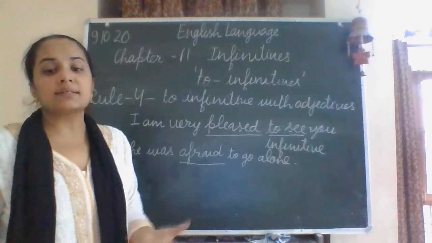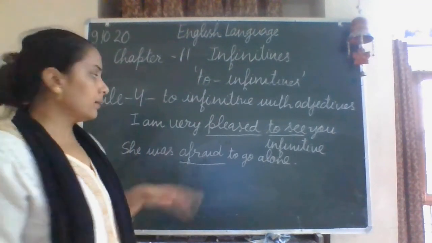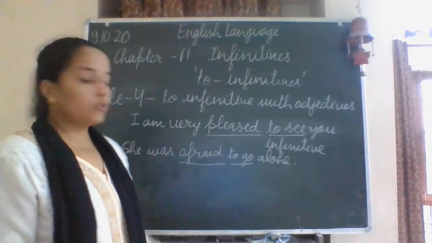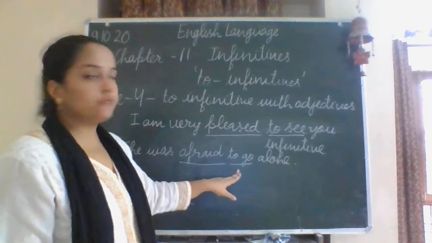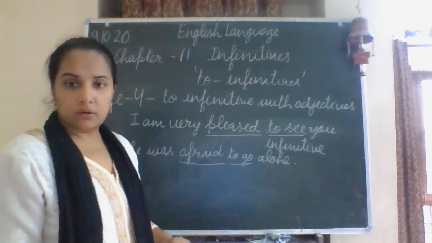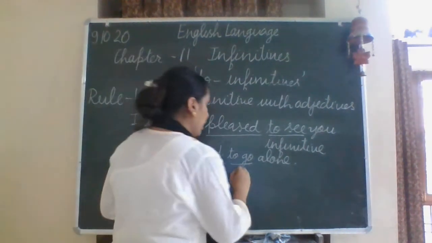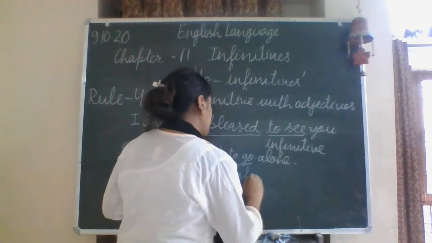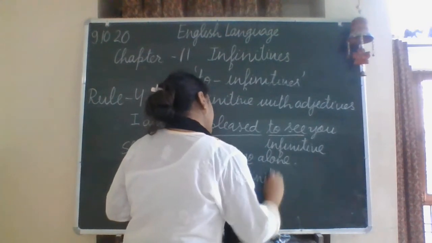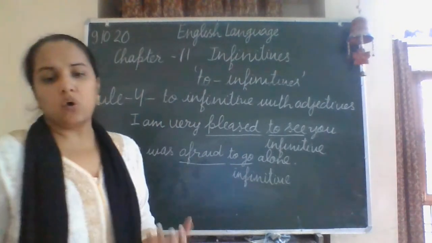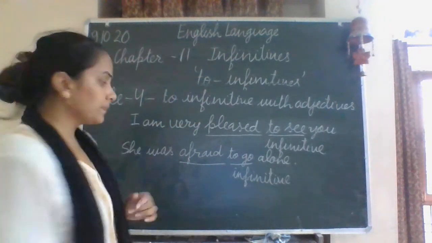Fear is a feeling. And to go. What is she afraid of? She is afraid to go alone. So that's why this to go is the infinitive, which is used with the adjective to express a feeling or desire.